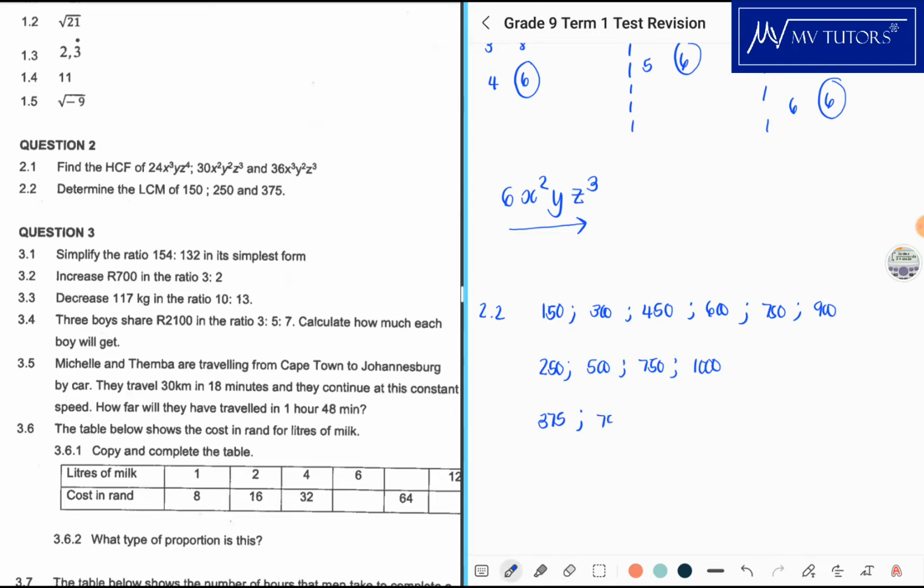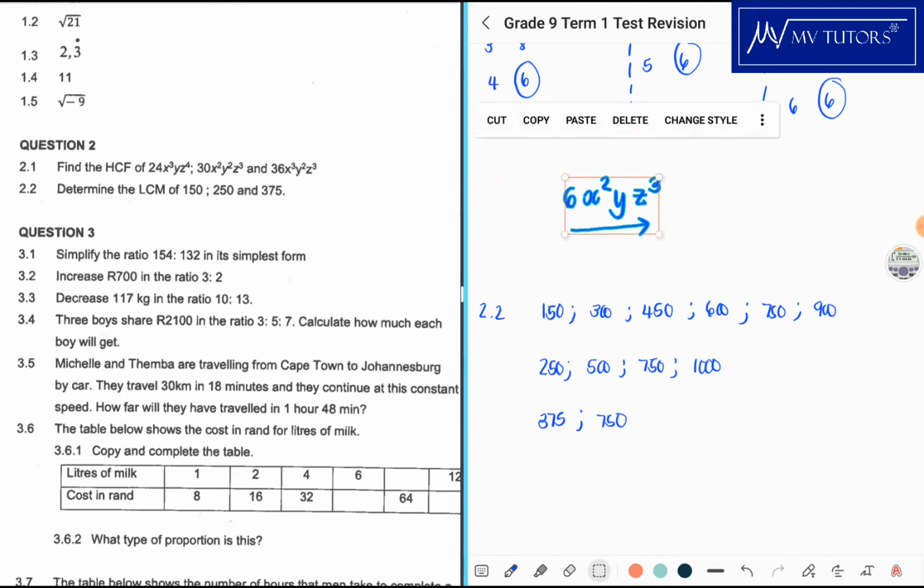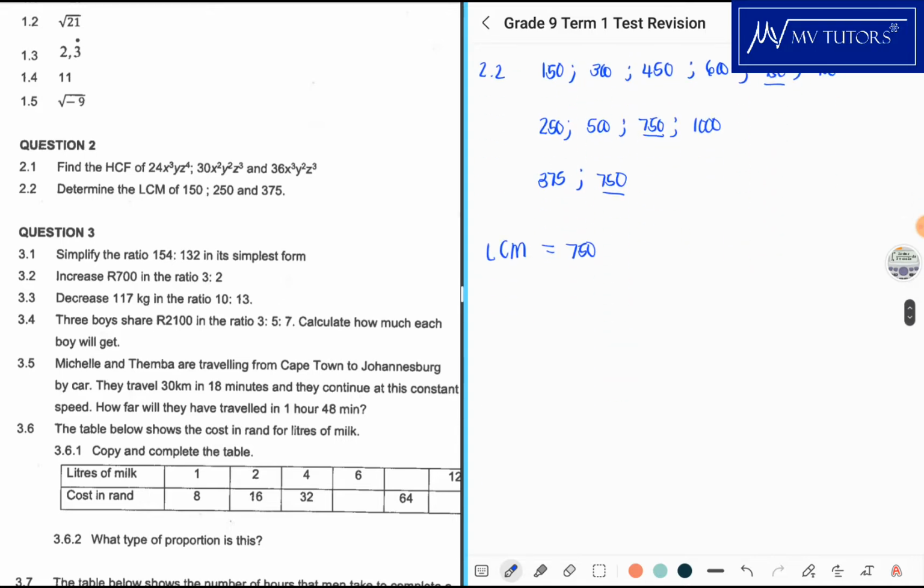Do you see there's no need for me to go on because we're looking for the lowest common multiple. Let me write my answer like this: the highest common factor, HCF, is equal to, and the lowest common multiple here is 750.